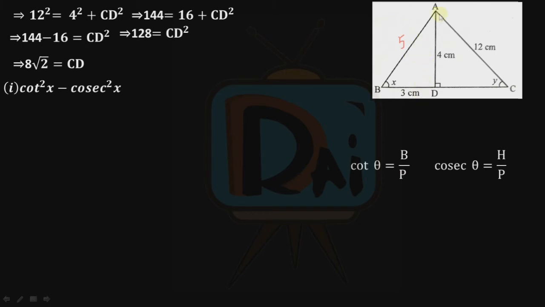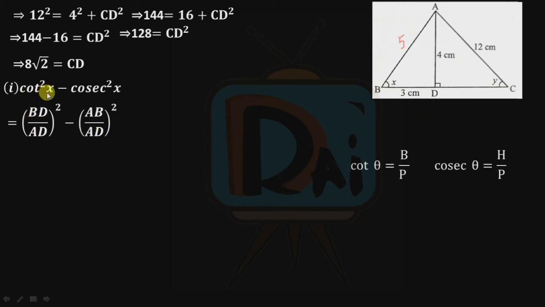So, in triangle ABD, our base is BD, perpendicular is AD, and hypotenuse is AB.